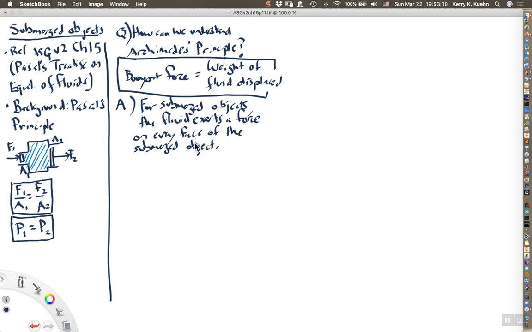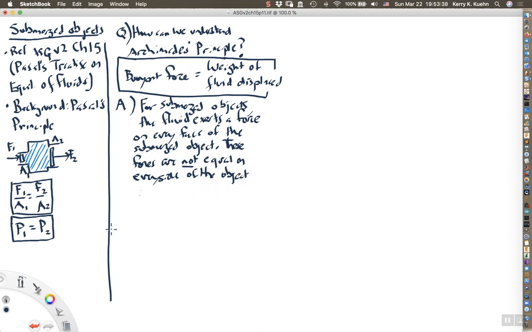Okay, these forces, moreover, are not equal on every side of the object. Okay, so what do I mean by that?